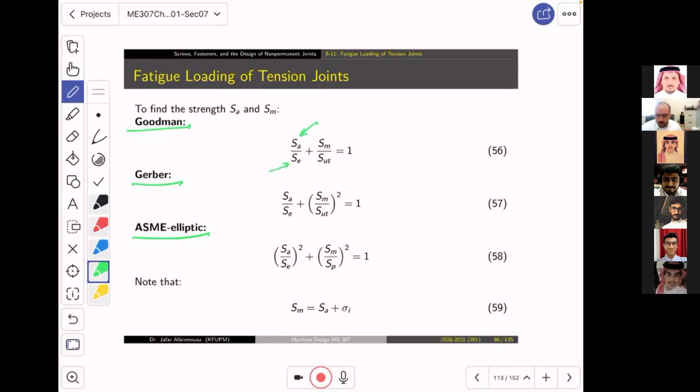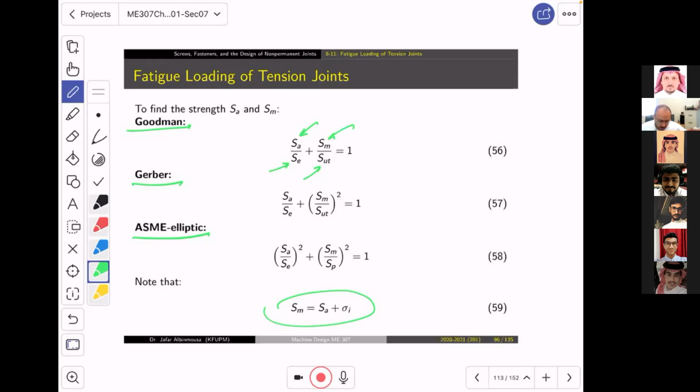The strength amplitude over the endurance limit, and then the mean strength, divided by SUT. Here, the same, we substitute sigma A with SA over SE, and the same with SM. And notice that we have SM, the mean stress, equals SA plus Fi.